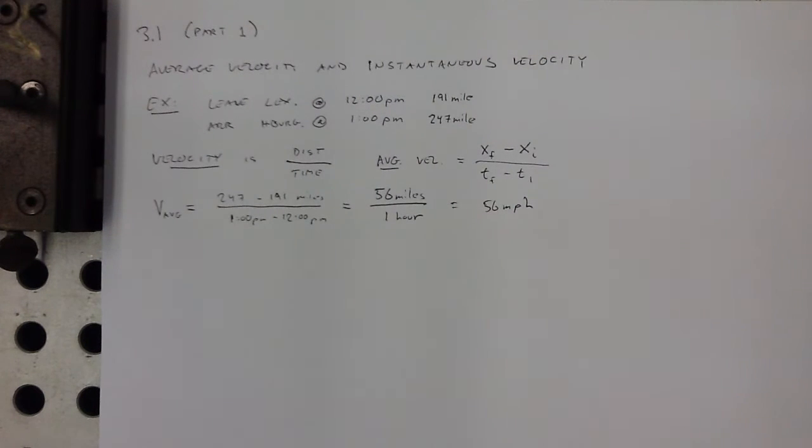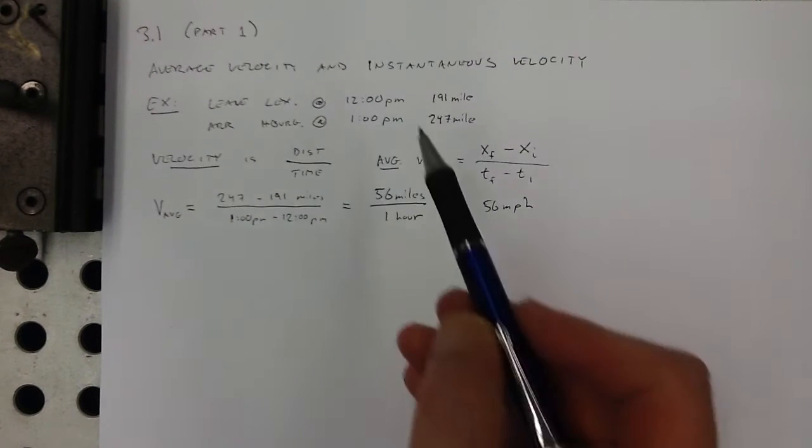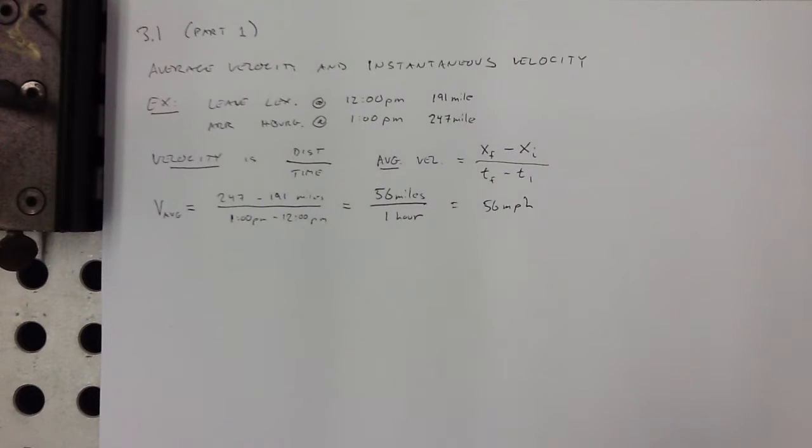What if I asked you right at the instant at 12:30 p.m., when you're halfway, measuring by time, how fast are you going then? What can you tell me about that? And the answer is, given this information, you can't say anything about that at all. We don't know. All we can say is that the average was 56 miles per hour.